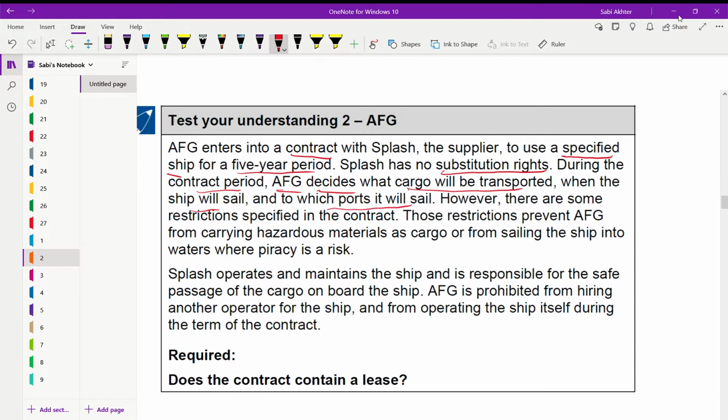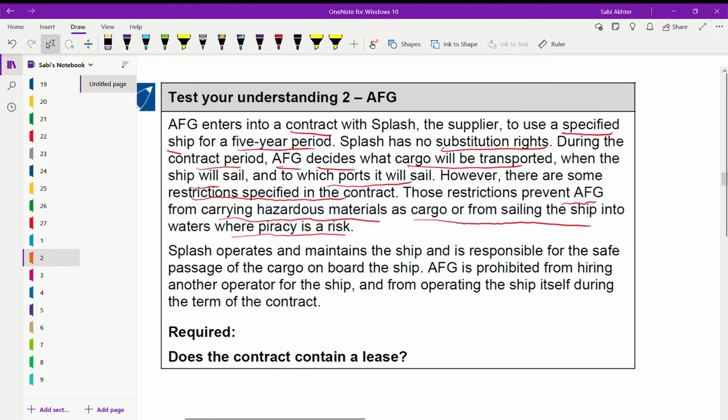However, there are some restrictions specified in the contract. Those restrictions prevent AFG from carrying dangerous material as cargo or from sailing the ship into waters where piracy is a risk. Who operates and maintains the ship?